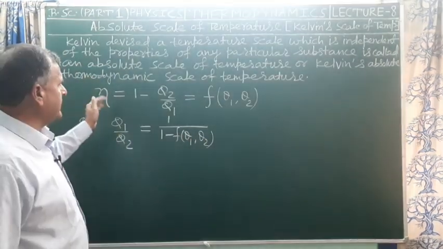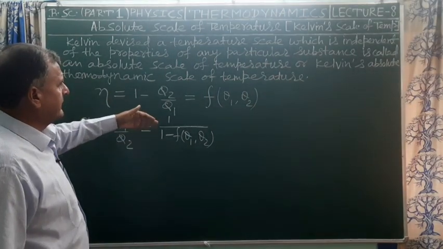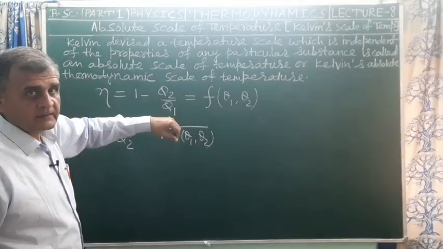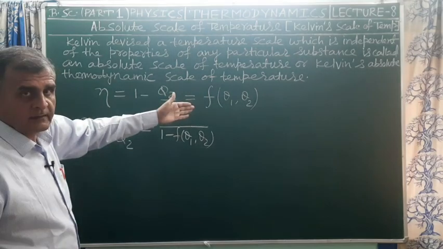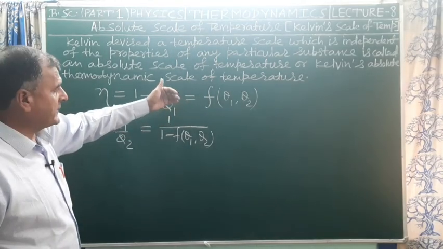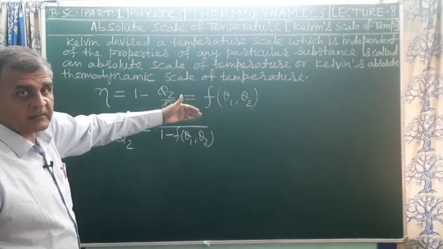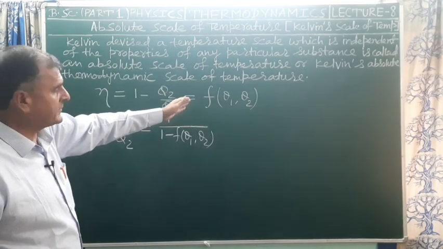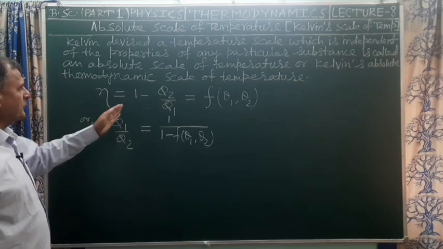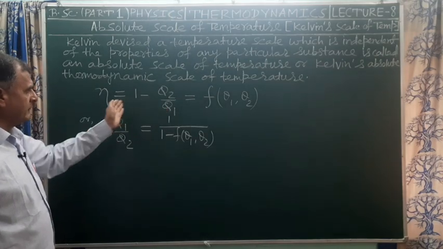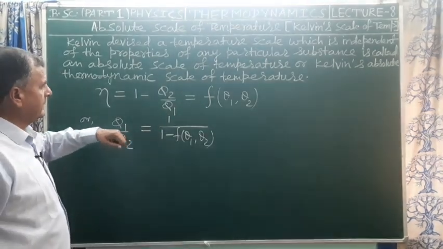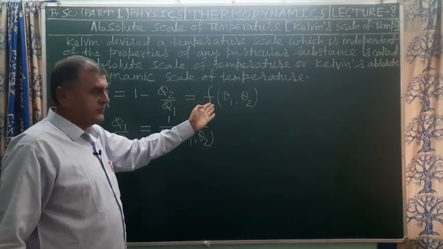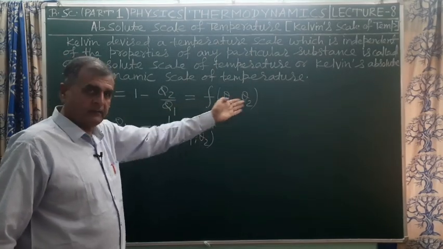So the efficiency of a heat engine is a function of two temperatures: θ1, the temperature of the heat source, and the other temperature θ2, the temperature of the sink. So eta equals 1 minus Q2 upon Q1. This is the formula of efficiency of a heat engine, and it is a function of θ1, θ2.